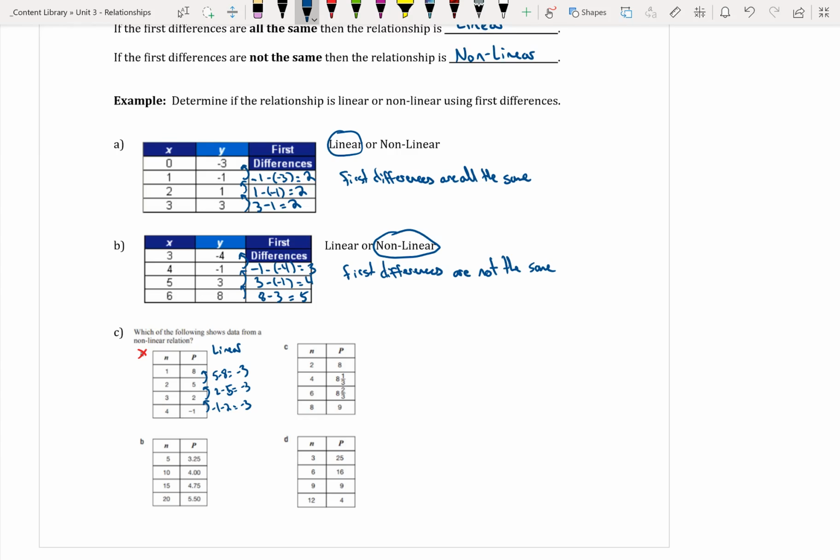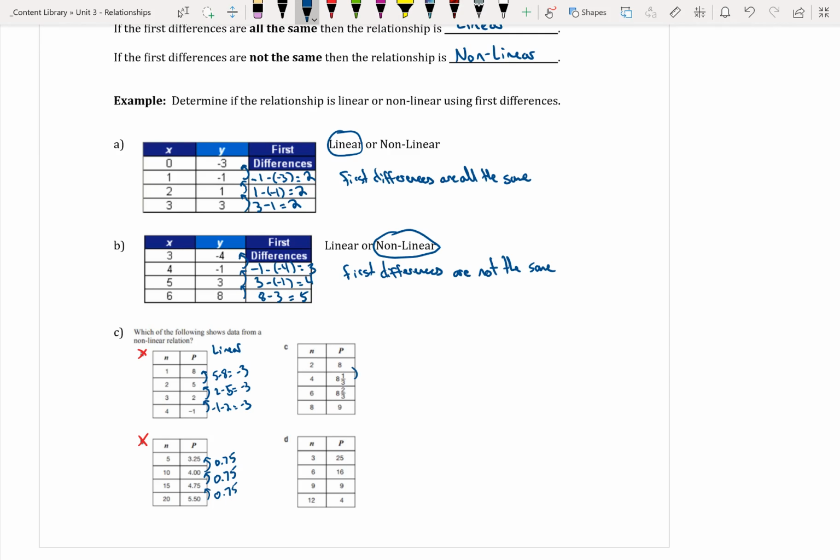B, again, we can look at, if we go through, 4 minus 3.25, 0.75, 4.75 minus 4, again, 0.75, and again, it's the same thing on the next one. So here, again, B is not nonlinear. It is linear, so that is not the right answer.